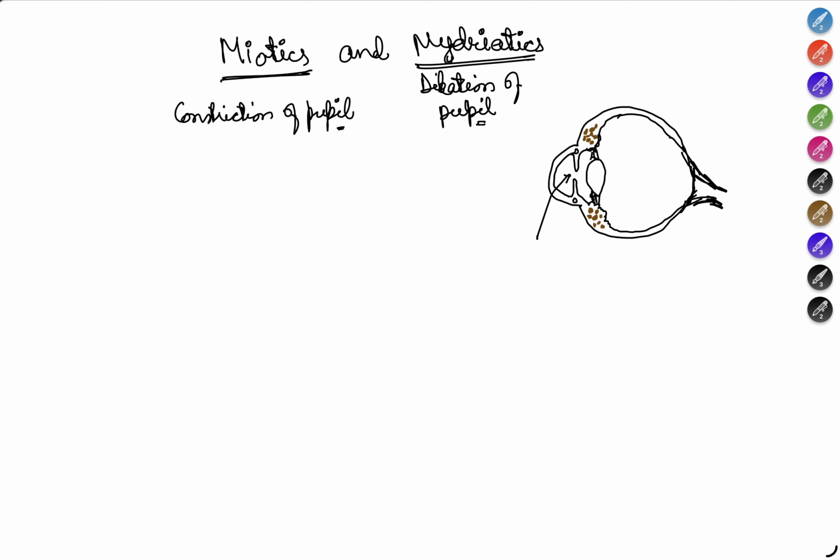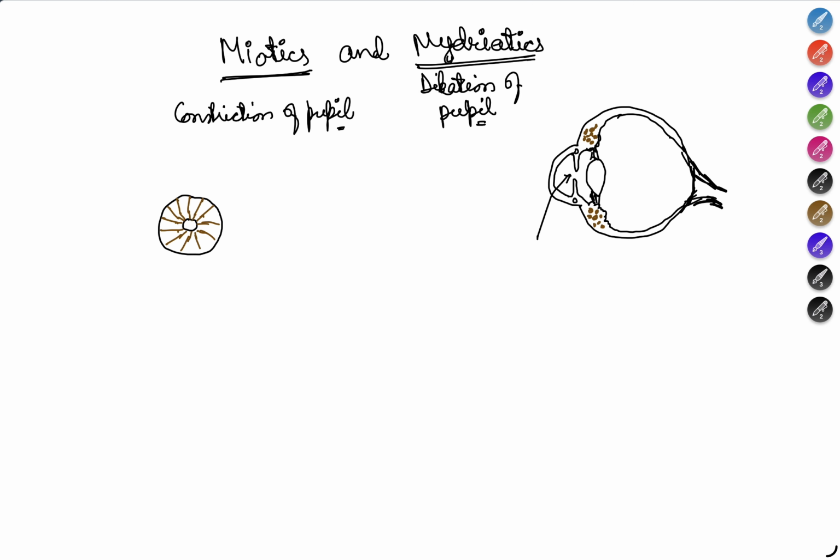If you are looking from the front, what you see is a small aperture, and there are two types of muscles in the iris. One is what we call the radial muscles, which are present like spokes of a wheel.